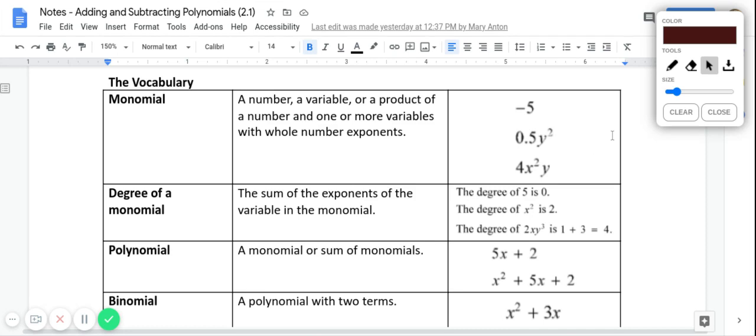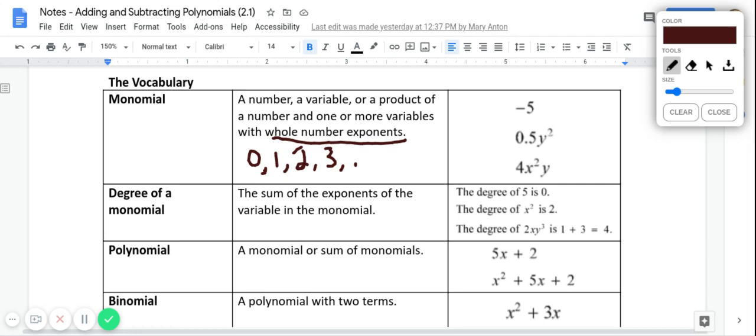This means the exponent, this whole number exponent, this only applies to the exponent. It has to be a whole number, and a whole number is 0, 1, 2, 3, you got it.